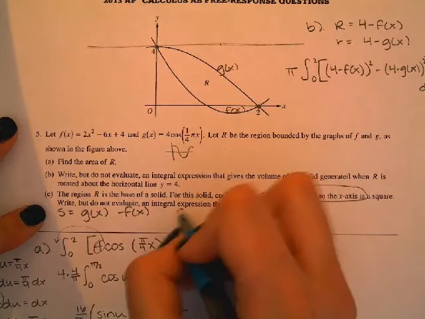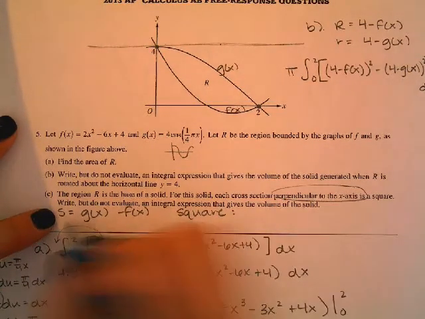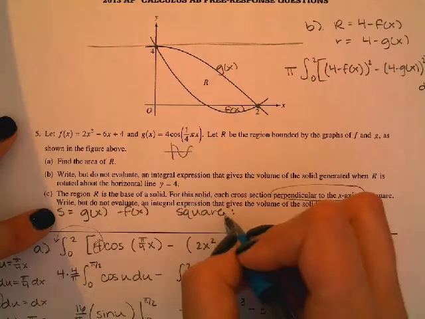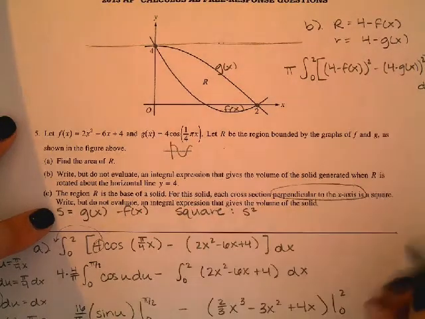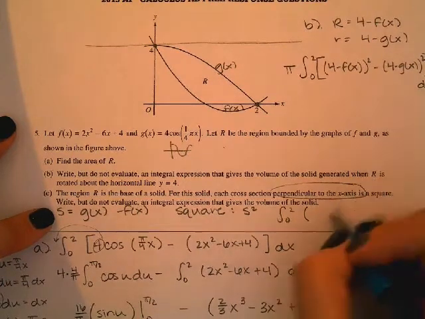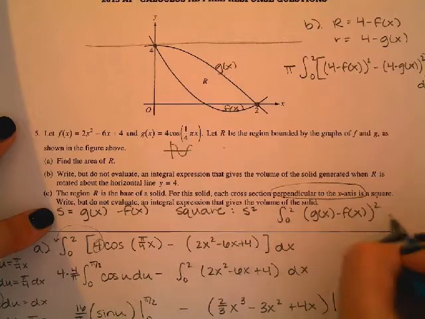And then for a square, maybe I was saying slice every time, but maybe it's s for side of the slice. Anyway, it's side times side, so that's s squared. And so the integral is going to be from 0 to 2 of g of x minus f of x squared dx.